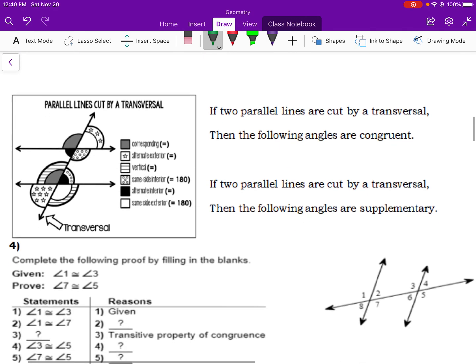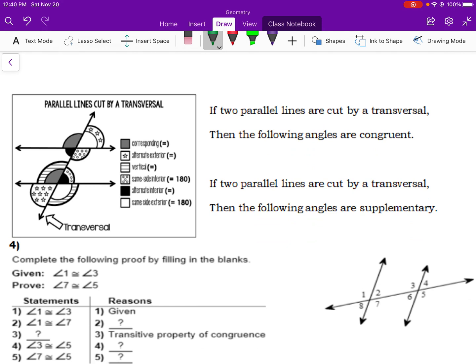Okay, lots of words here. Next, we just have a little reminder of how parallel transversal interactions occur. So we say if two parallel lines are cut by a transversal, which is this guy here. Here are my parallel lines in the red. Then the following angles are congruent. We can say that, well, there's kind of a coding system here.